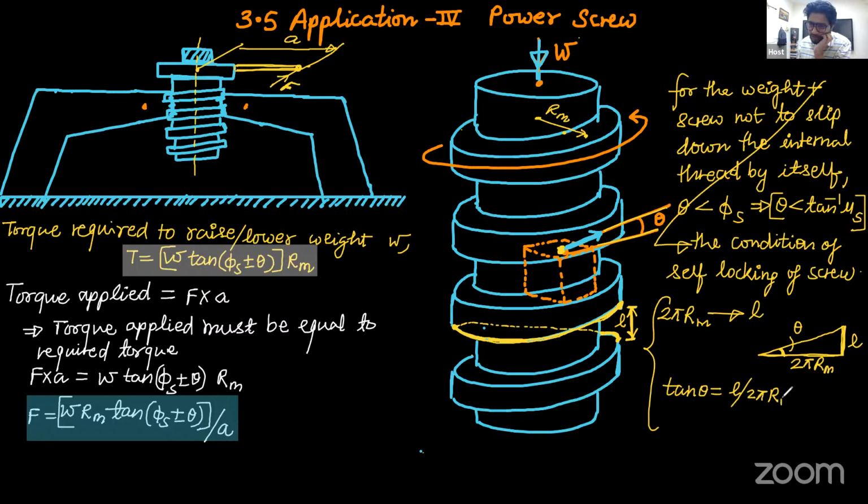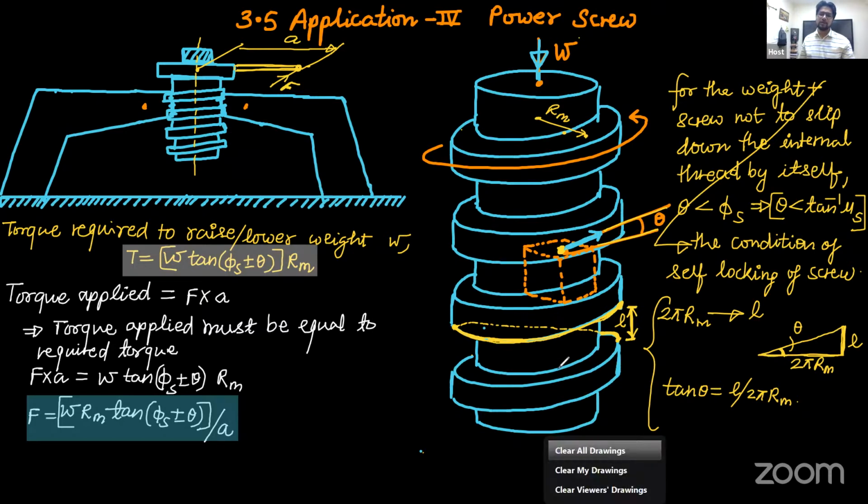That's it. We are done. This is all about power screw. Of course, we will need one or two more things, like efficiency of power screw, but that we will do through problems.